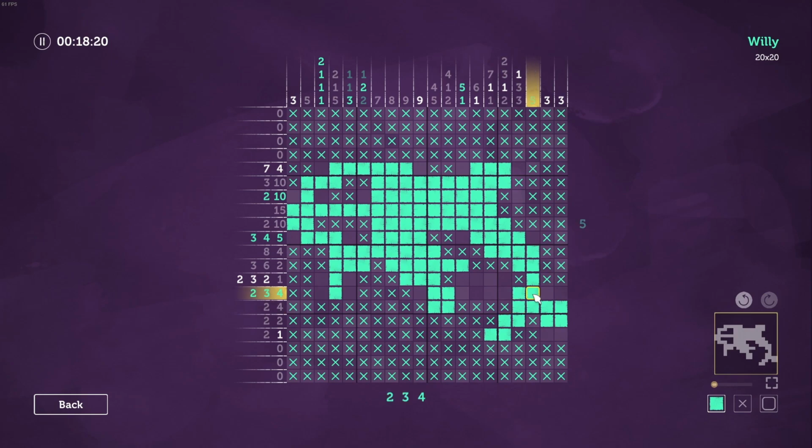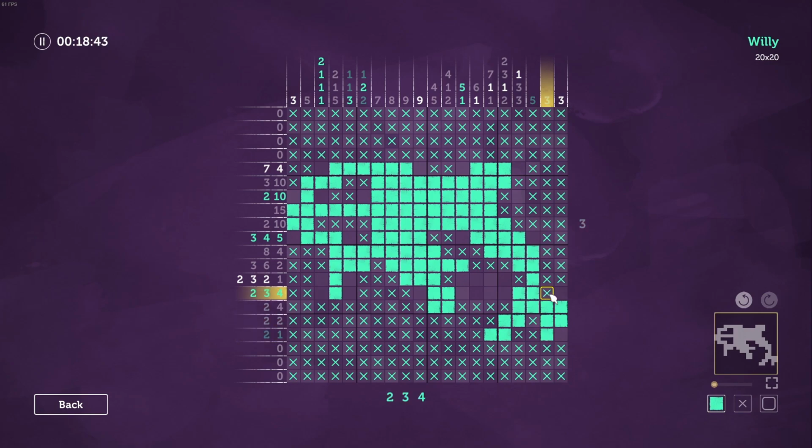Okay, so for these 3 clues, there is 1 in one of these 2 squares, and if it's in this square, then there is a gap here. But then to satiate this 3 clue, it can't extend down here anymore because this would be painted in. I'll just paint it temporarily like this.